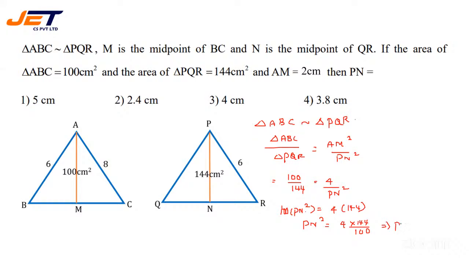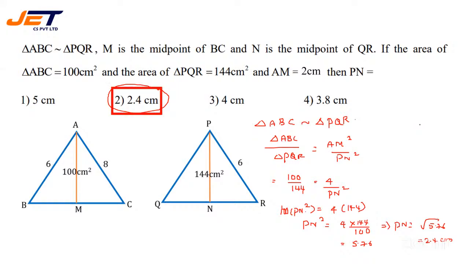So PN square is 5.76, and the root of 5.76 you will get as 2.4 centimeters, which is our option 2. All right. Yes, so I hope you all have got the same answer.